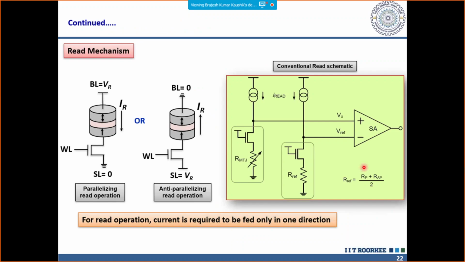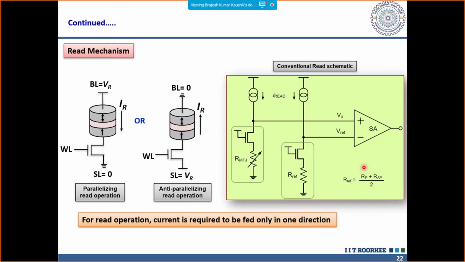Now, when you talk about the read mechanism, the read mechanism was quite different in comparison to your CMOS one. But then, most of the non-volatile memories do have similar kind of equations. This is what I have understood over the time.